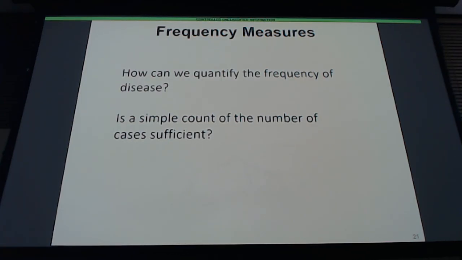And is one count of a number of cases sufficient? No. A raw number that says one count is not sufficient for public health. We can put that into context, right? So let's say, for example, I tell you we had 1,000 measles cases, and the town had 10,000 people. Is that a big deal? Yes, because if you do the math, that's 10% of your population.